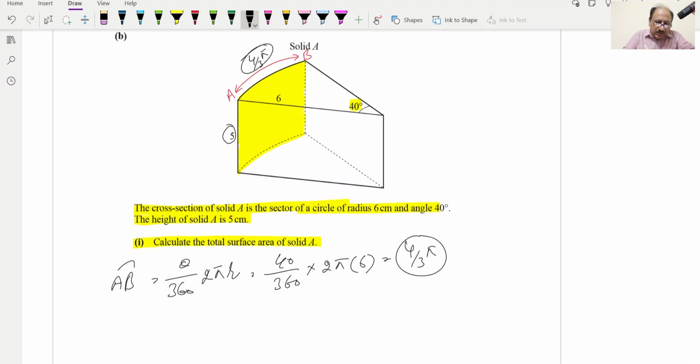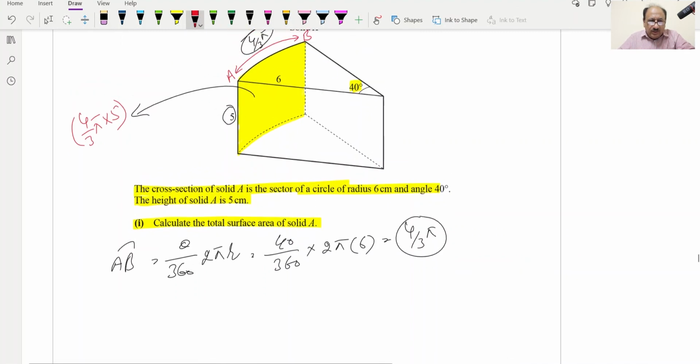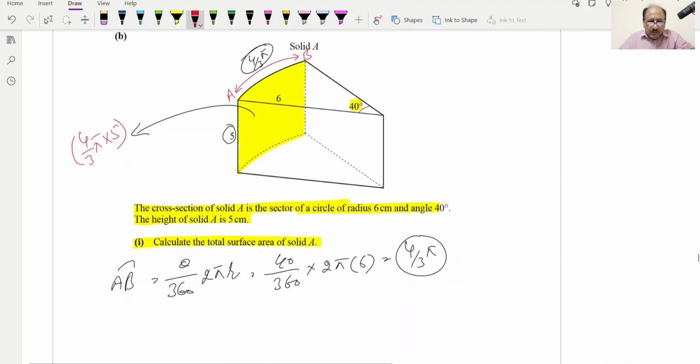So this shaded area will be 4 by 3 pi multiplied by 5, and this will be the curved surface area. And we can find the area of the sector AOB.